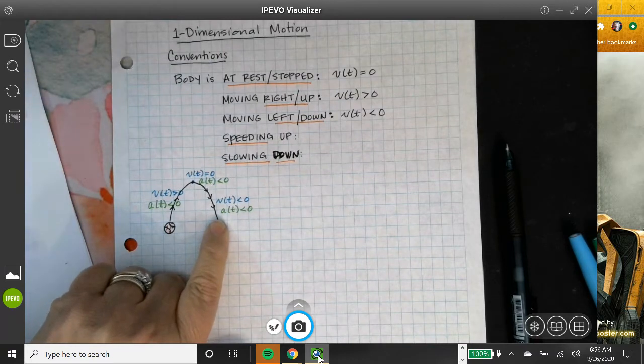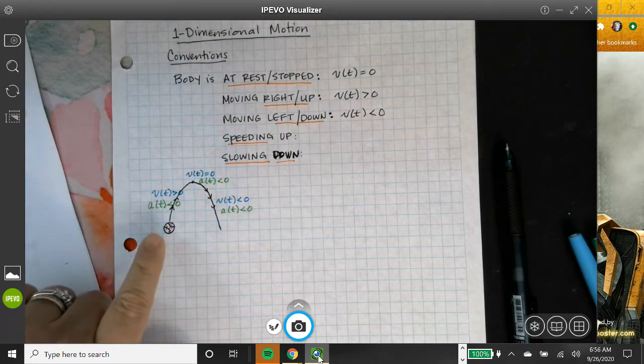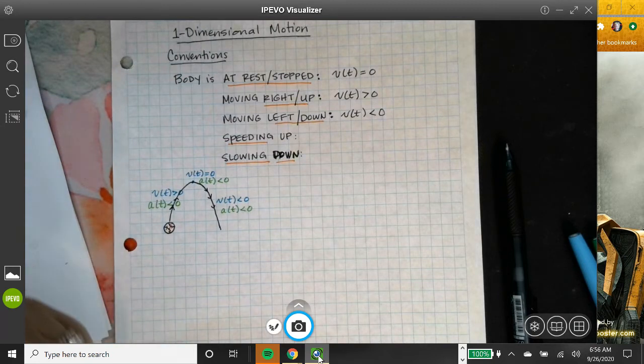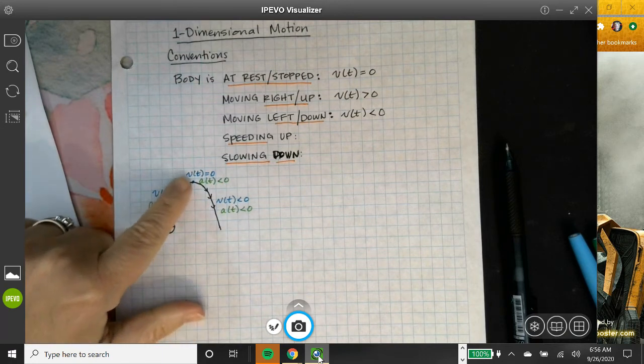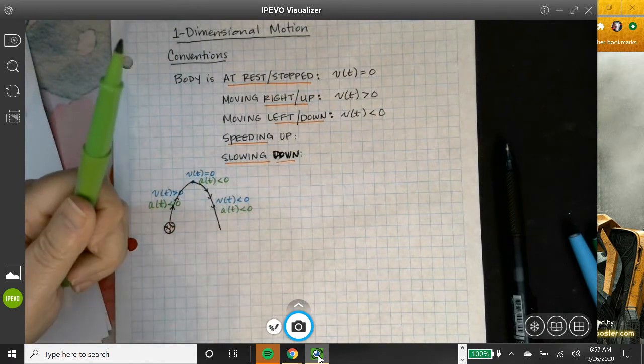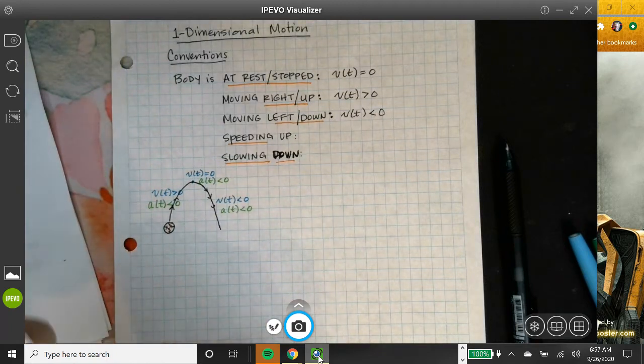So I'm throwing the ball up with positive velocity and negative acceleration, and those two things are working against each other, and the ball is slowing down. In your mind, when you throw a ball up in the air, it is slowing down until it gets to the top of its travel path. And then what happens? It starts speeding up back to the ground.